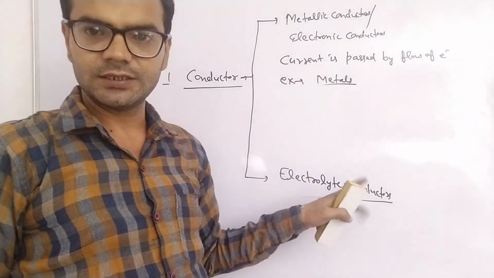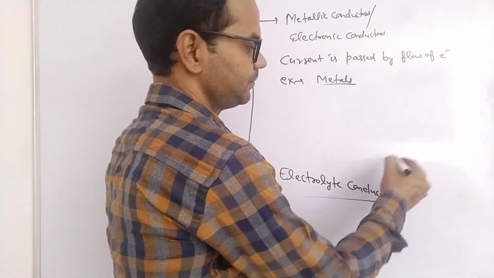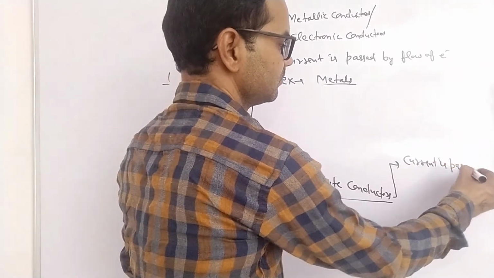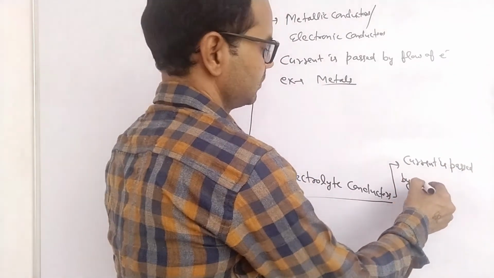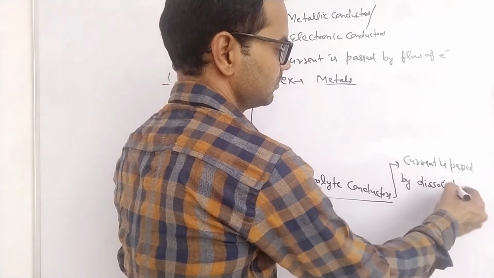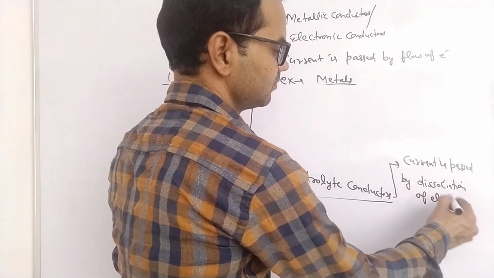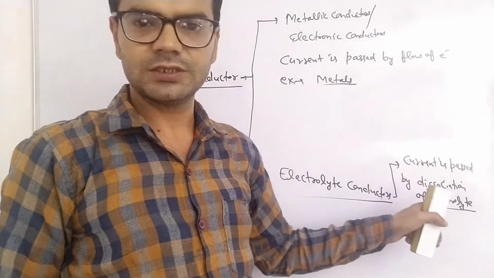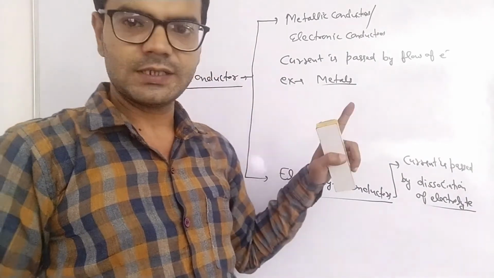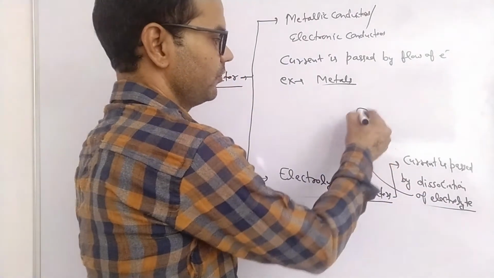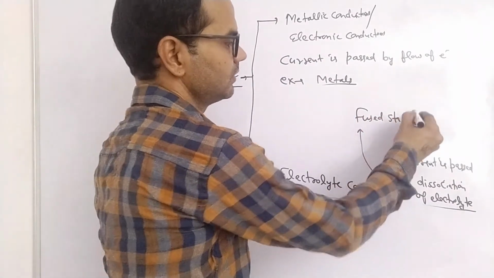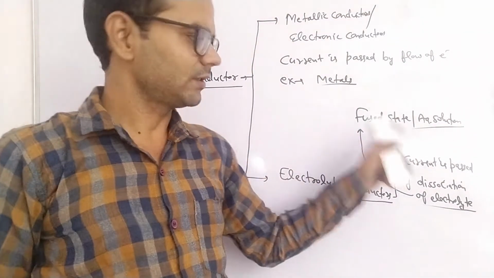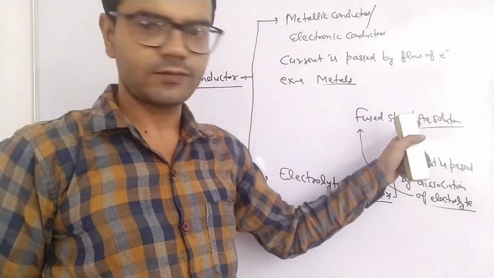But electrolytic conductors are those conductors in which current is passed by dissociation of electrolyte. But electrolyte must be in a fused state or in an aqueous solution.